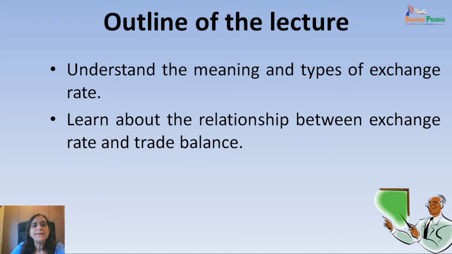Just to give you a recap, in the previous lectures, we have derived the national income identity in an open economy, wherein we had said in a small open economy, the net exports is equal to the net capital outflows. How are the net capital outflows measured? Net capital outflow is the difference between savings and investment.